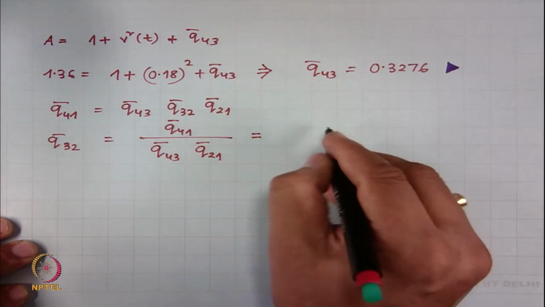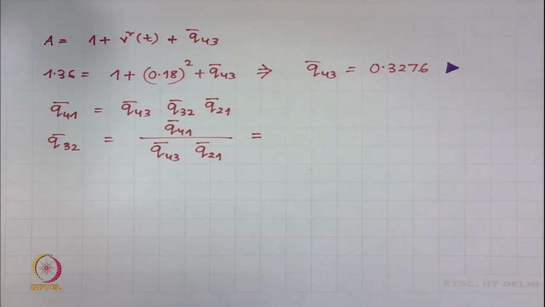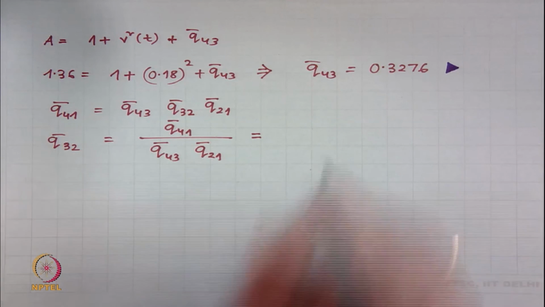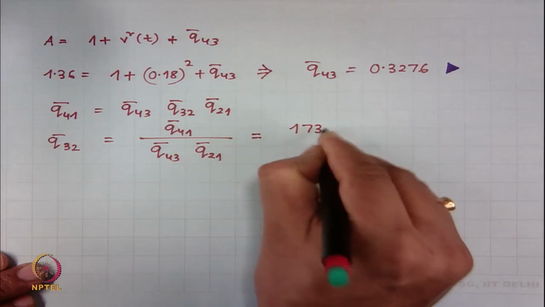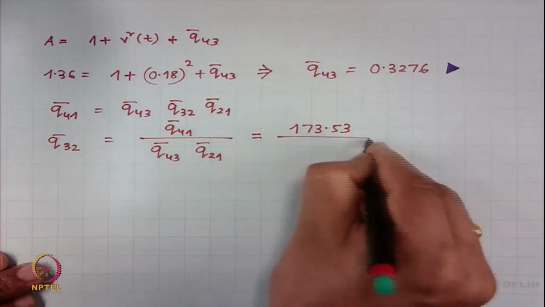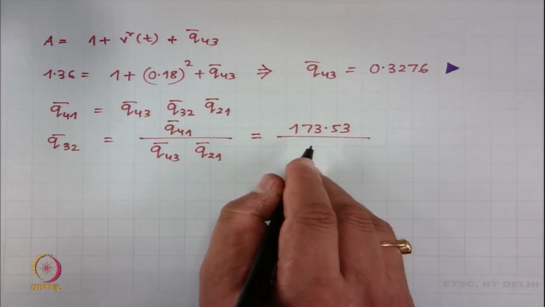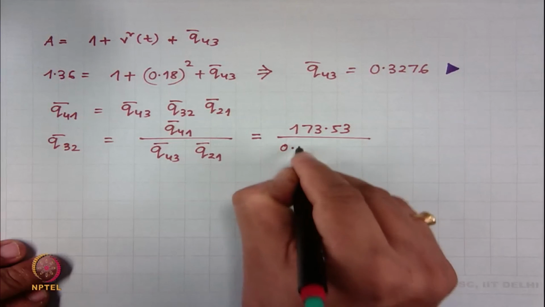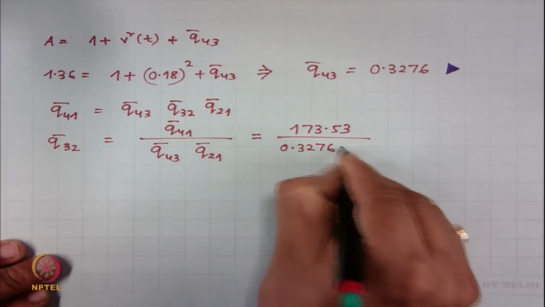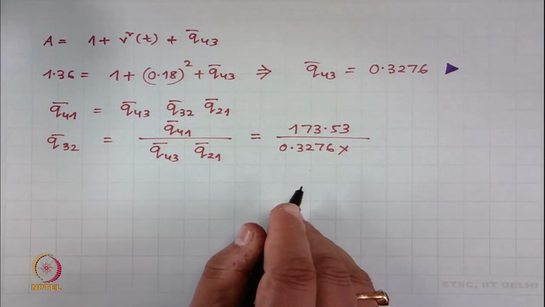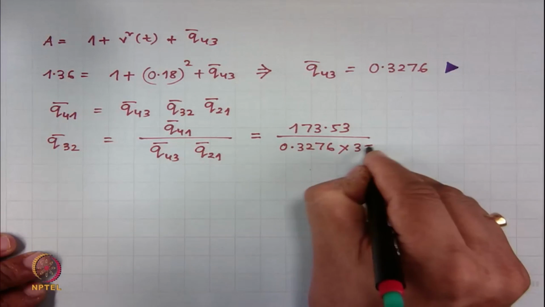Now, what is 41? 41 we have calculated, 173.53 divided by 43 we have calculated 0.3276 and 21 also we have calculated 35.71.